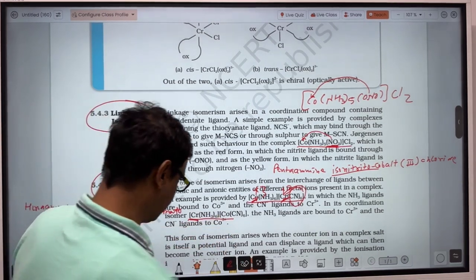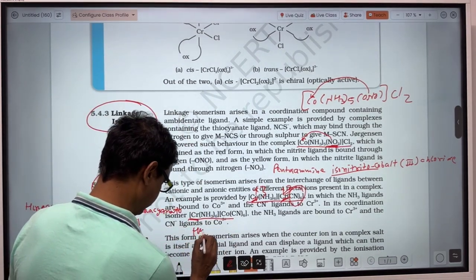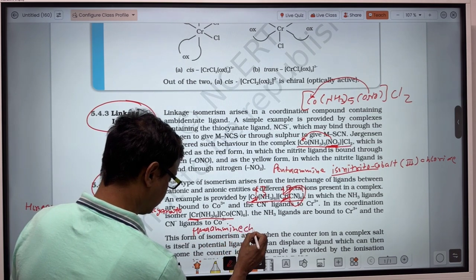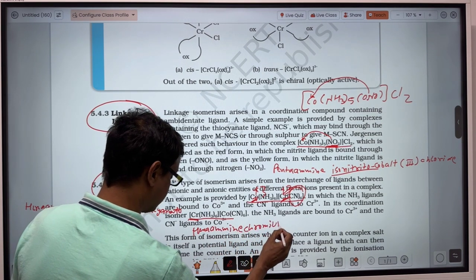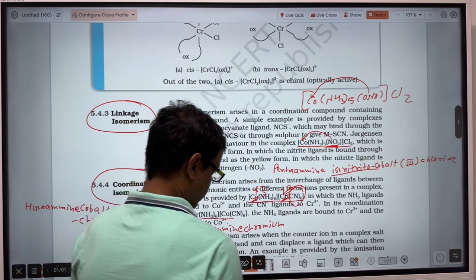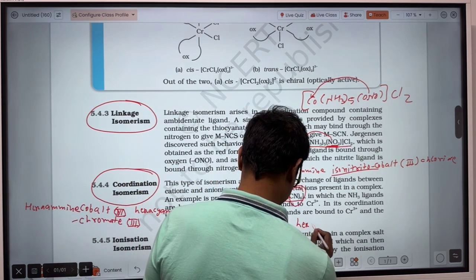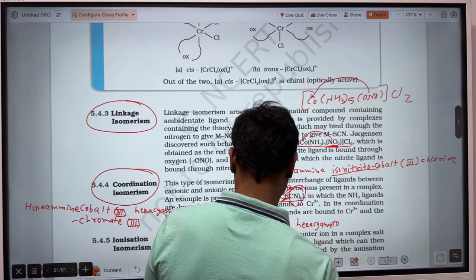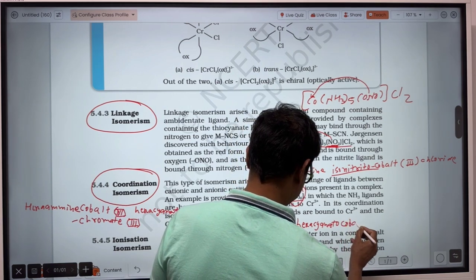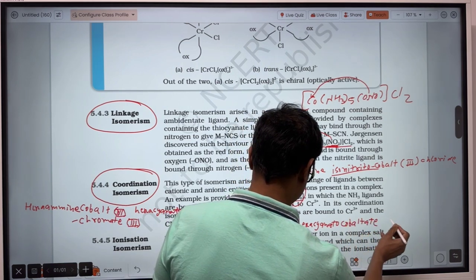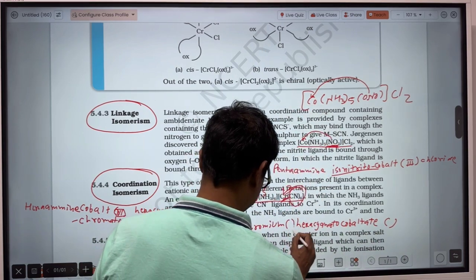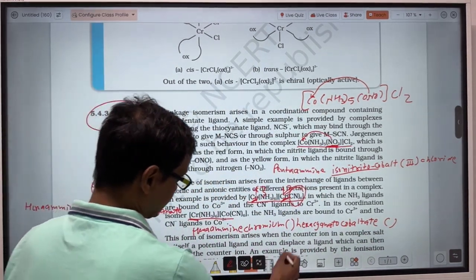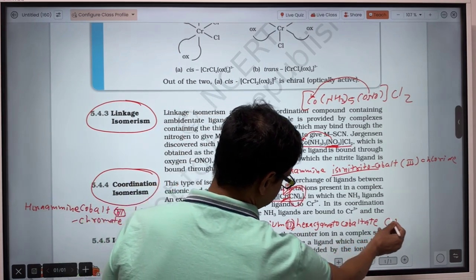And what's the IUPAC name of this compound? Let's see its oxidation number. Same here, +3 and here also +3.